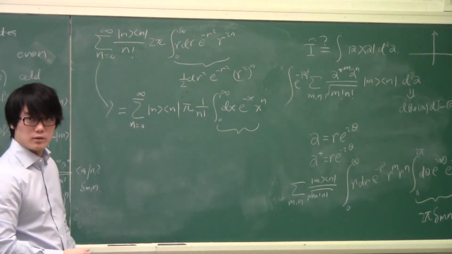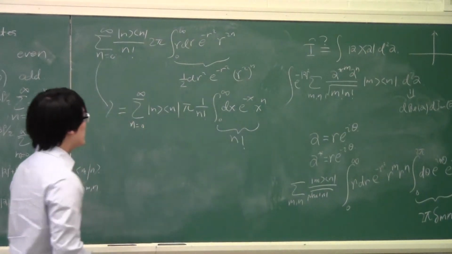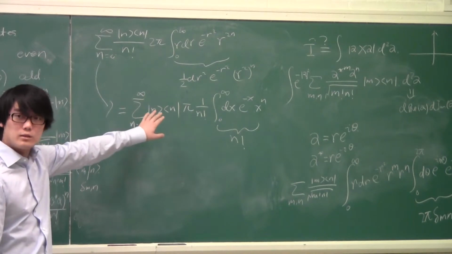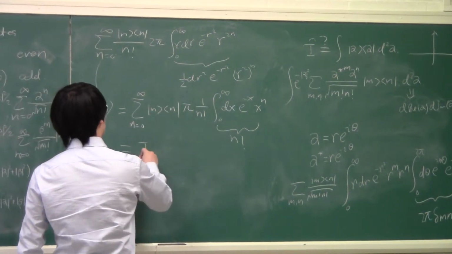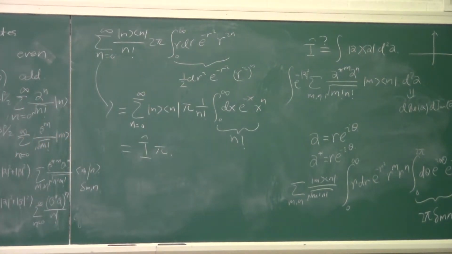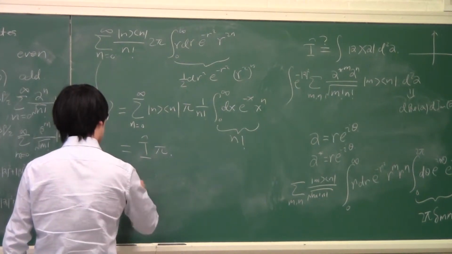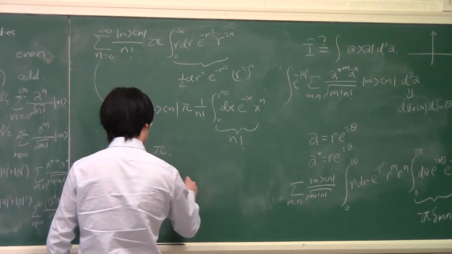This is just n factorial, from the gamma function, which cancels with this. And we have over here the identity resolved onto the number basis. So roughly you can say this is equal to pi times the identity. So to correctly resolve the identity onto the coherent states, what we need is that 1 over pi times the integral d squared alpha.